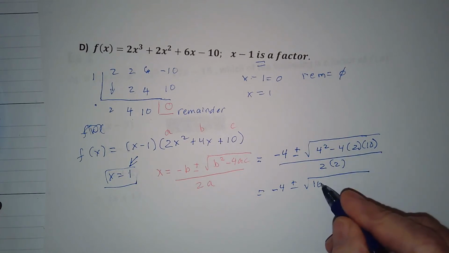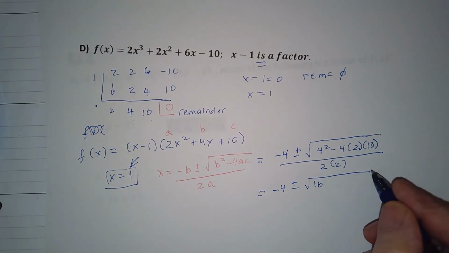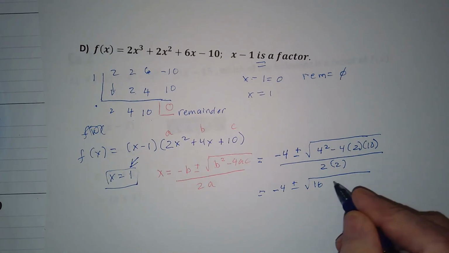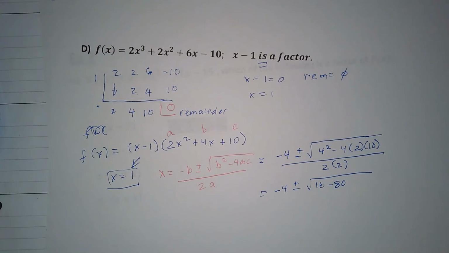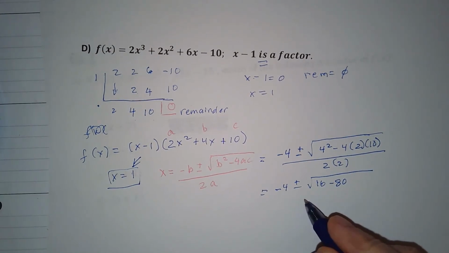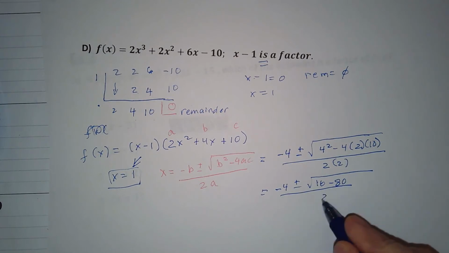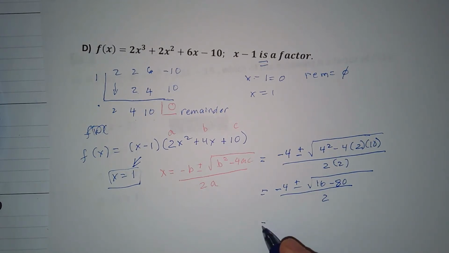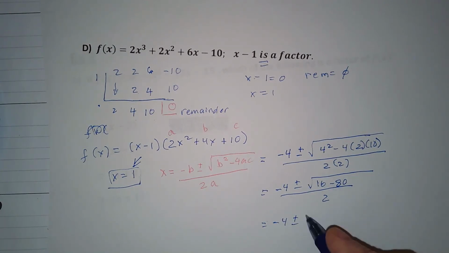Times 10 is negative 80, right? And again, you can use the calculator on that, and that's all divided by 2 times 2 is 4. So that equals negative 4 plus or minus, now let's see, 16 minus 80, that's negative 64, all over 4.